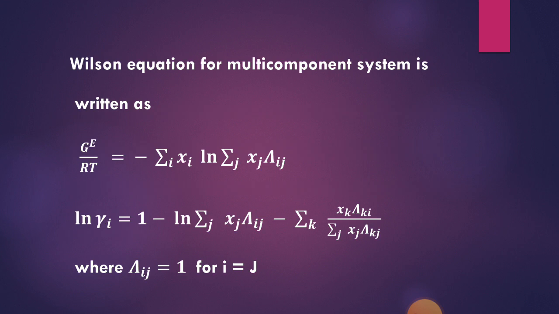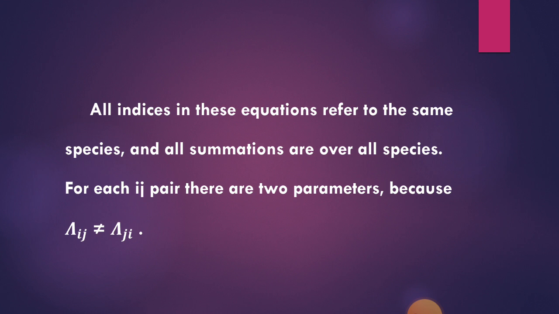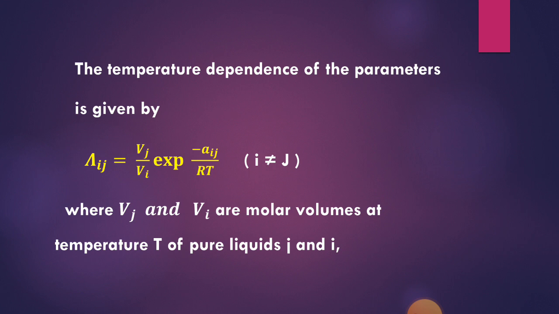Here we represent the species i and j. For each ij pair there are two parameters, because lambda ij is not equal to lambda ji. Now the temperature dependence of the parameters is given by lambda ij is equal to Vj by Vi exponential of minus Aij by RT.